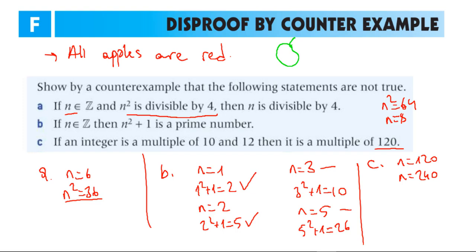But the first number, less than 100, is 60. If n equals 60, yes, it's a multiple of 10 and 12, which is correct, but it's not a multiple of 120. So n equals 60 is a counterexample for this statement. We are disproving the statement, which is also a type of proof.